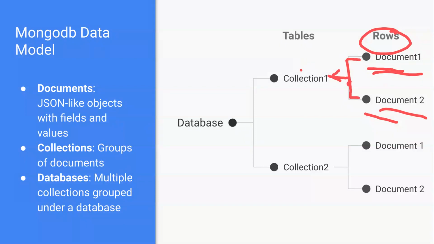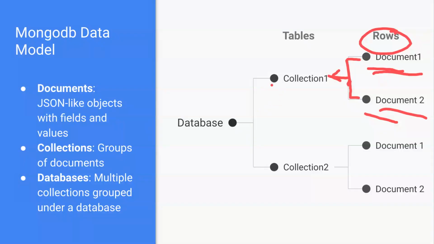In analogy to tables, which hold similar types of data, in the same way a collection groups the same type of documents together.